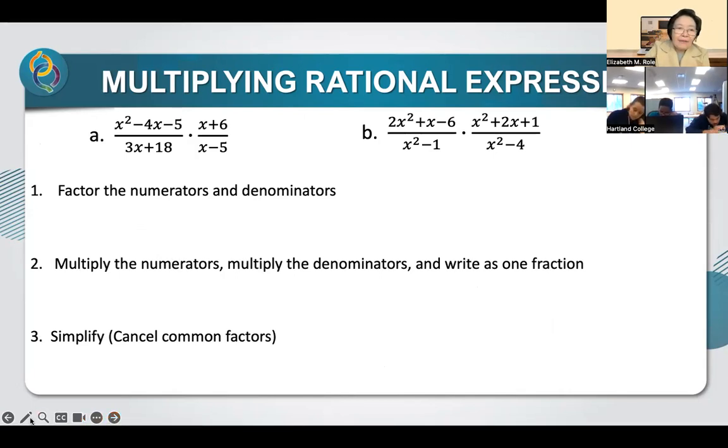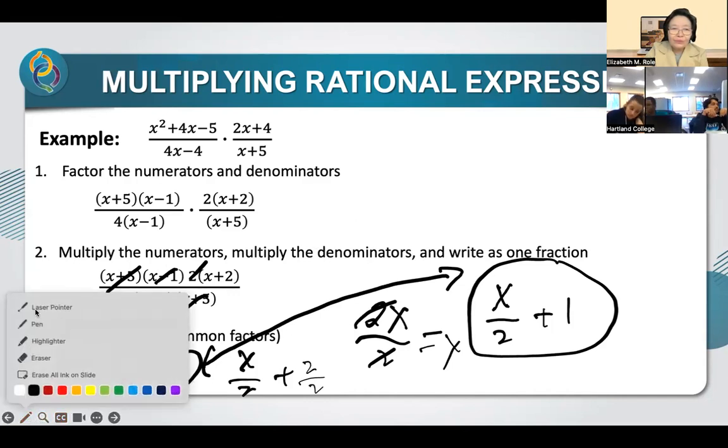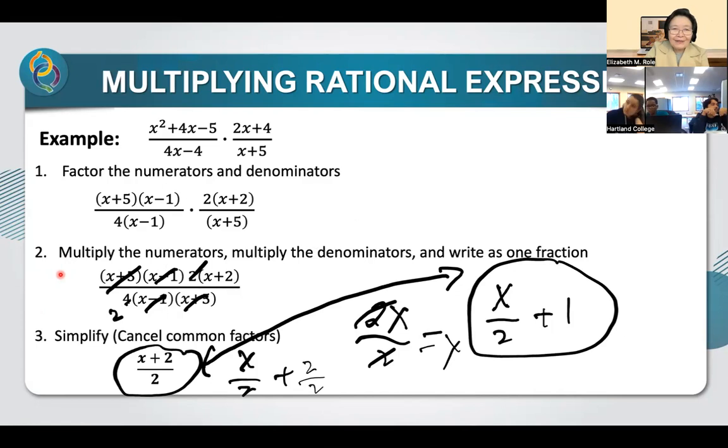As I was saying a while ago, for some of you, it may not be necessary to do that number 2 process, because you can immediately do cancellation here.